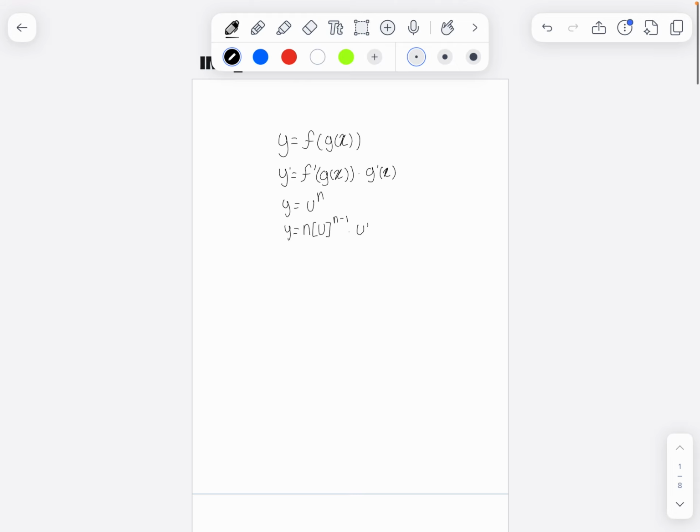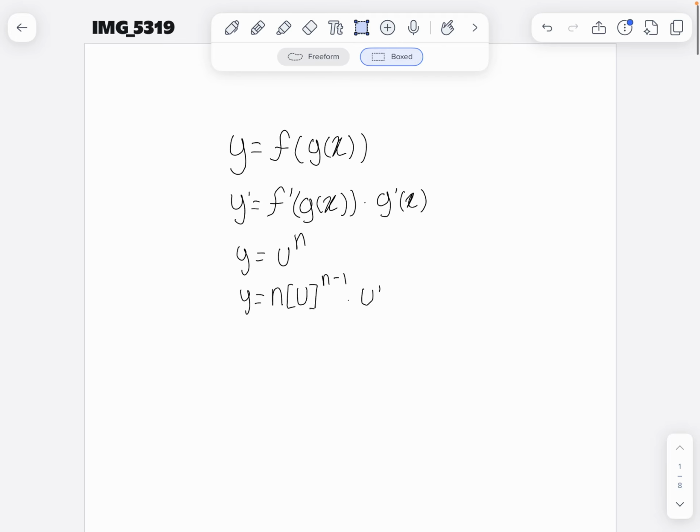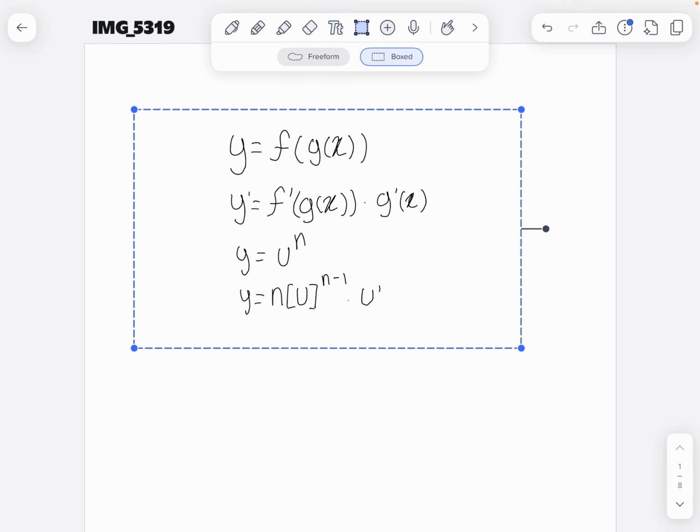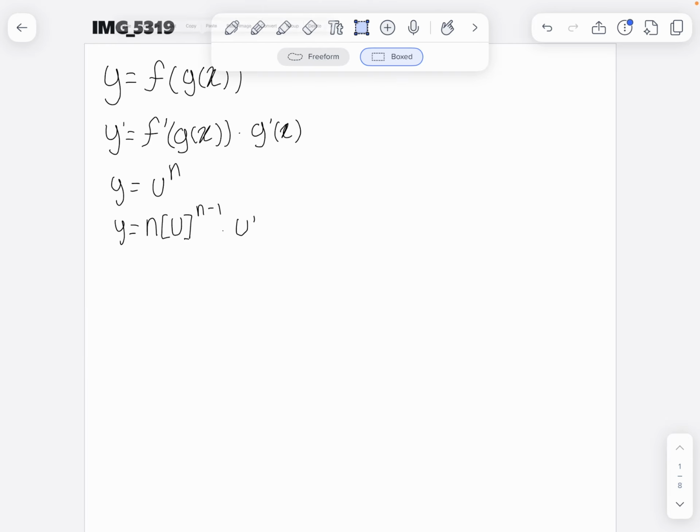So those are the two chain rule formulas. The second one is just power rule and chain rule combined. So let's get started with the first question.